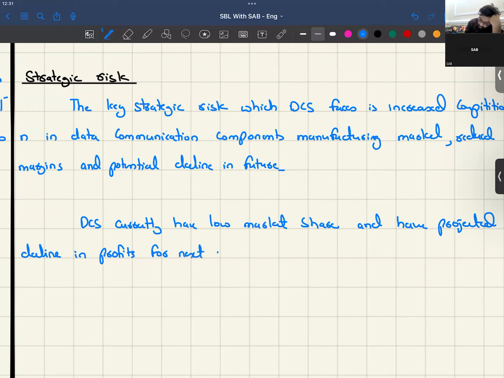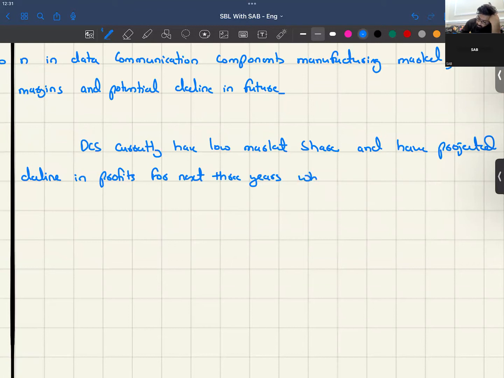You could just look into this declining profits in the integrated reporting part, which will decline the value of shareholders, right?